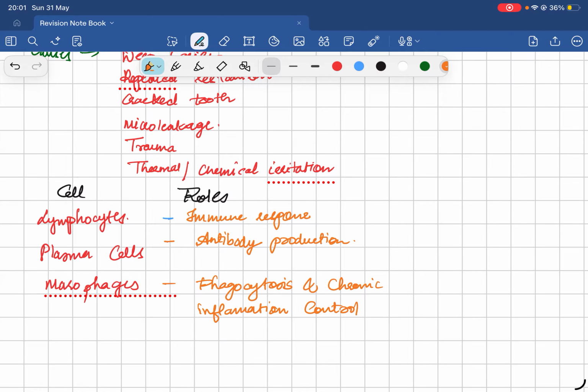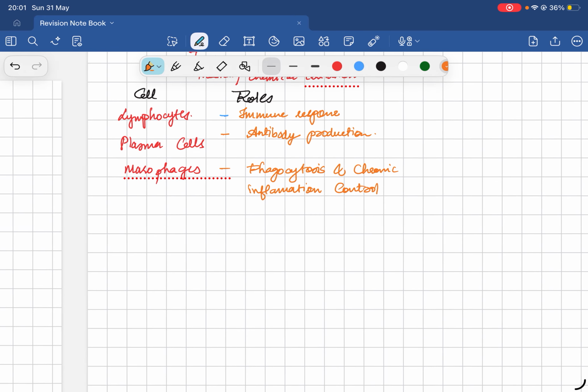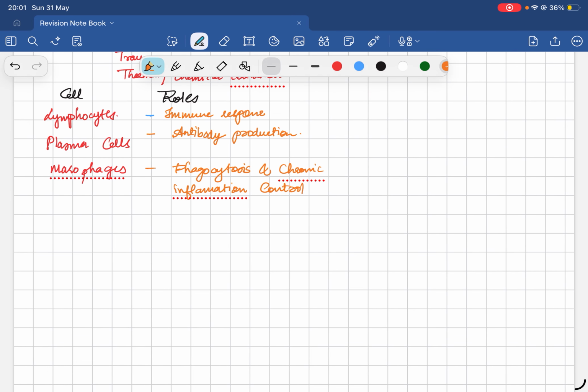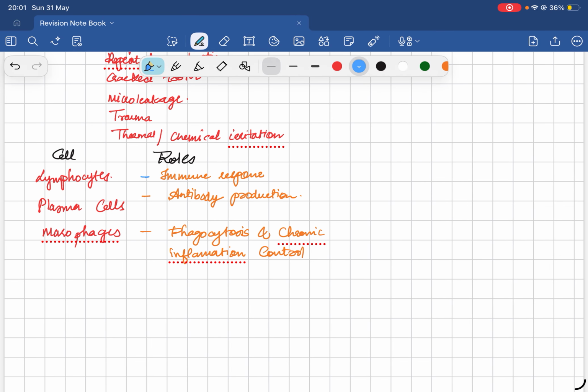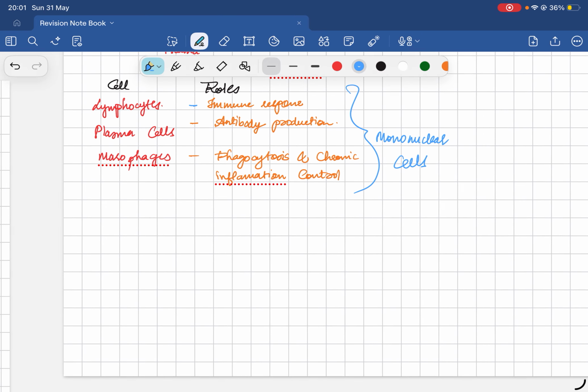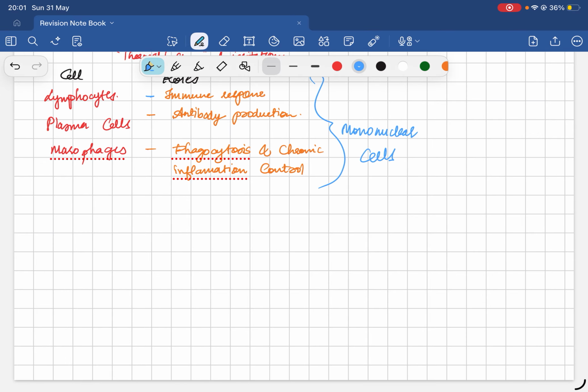So these are the cells that are present and their roles. All these cells are mononuclear cells.